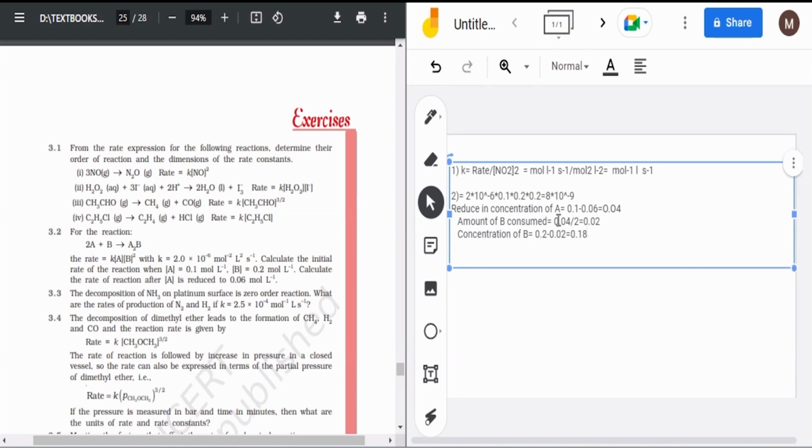So again the rate is equal to k, which will remain constant. k is 2 into 10 power minus 6, multiplied by concentration of A, which is 0.06, multiplied by concentration of B squared, meaning 0.18 multiplied by 0.18.